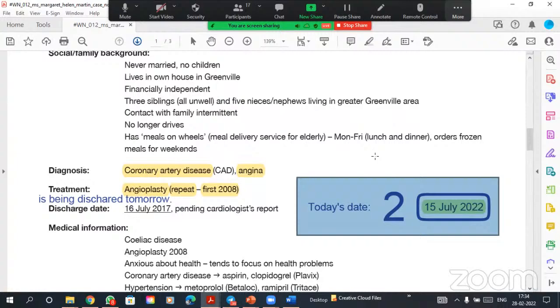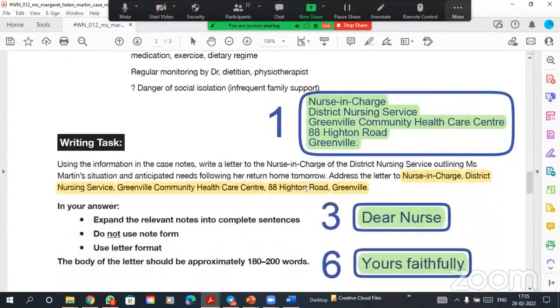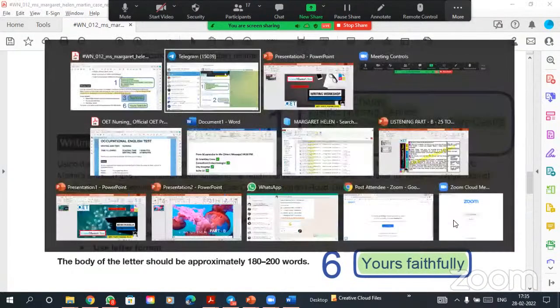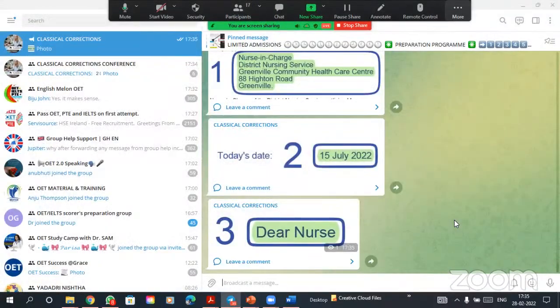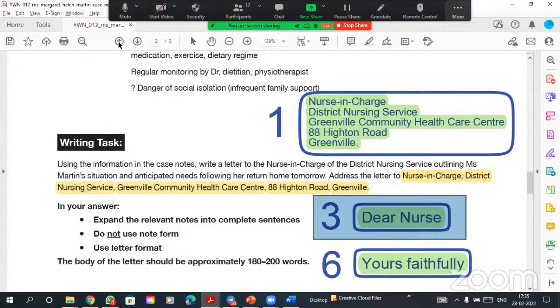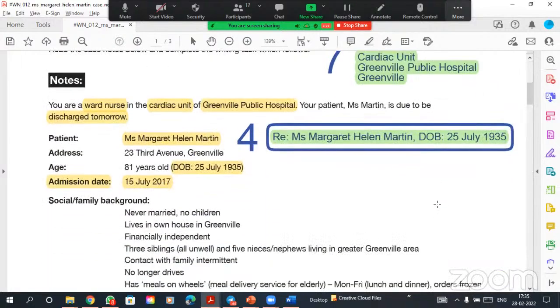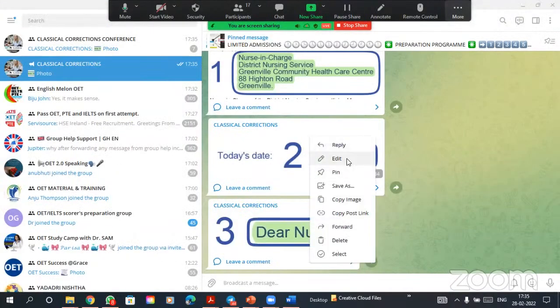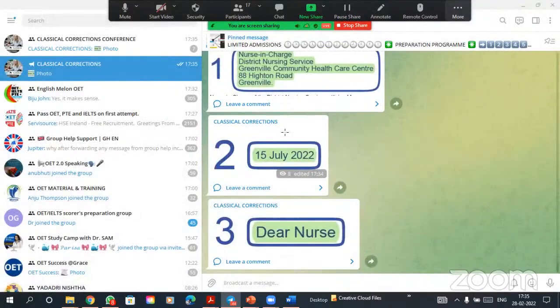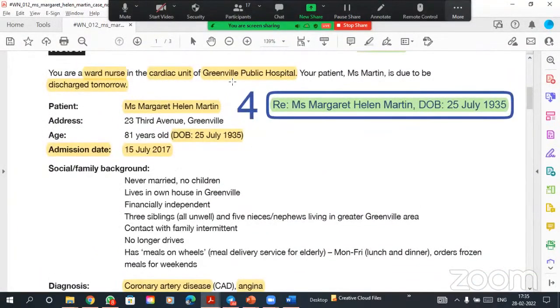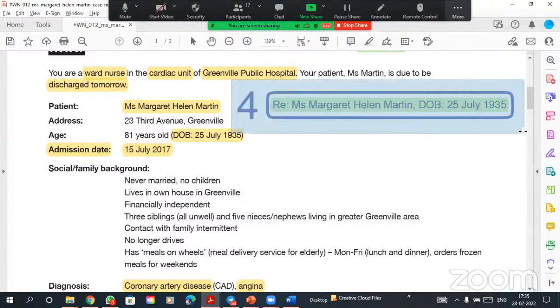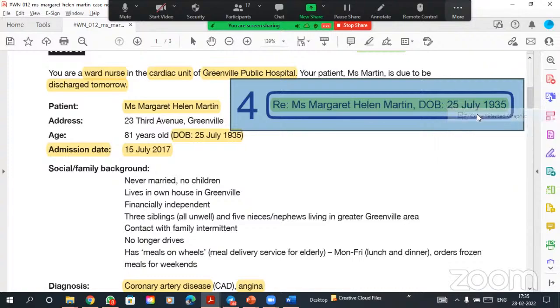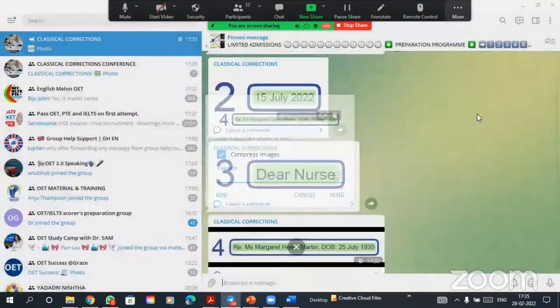Then next component number 3 is here. Okay. Then component number 4. Okay.